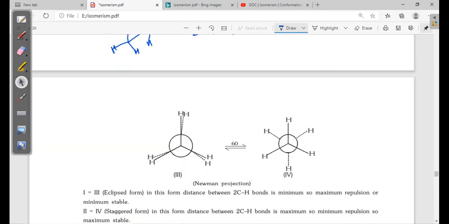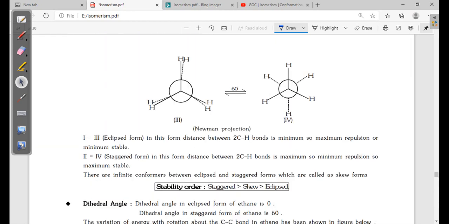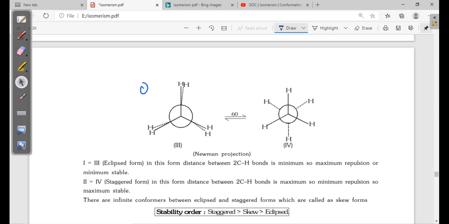In that, the main important one is the first, here theta equals 0. The front hydrogen has exactly backside the back hydrogen. If I write it exactly backside, you cannot see whether that hydrogen is there or not. That's why we show it slightly to the side. But you have to assume exactly backside.